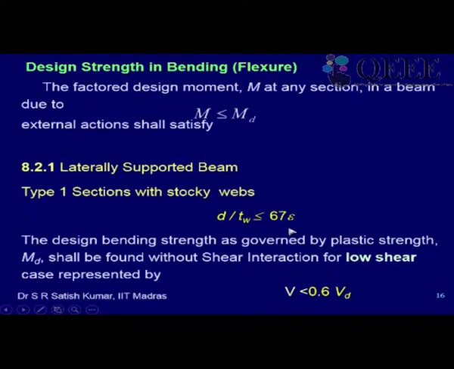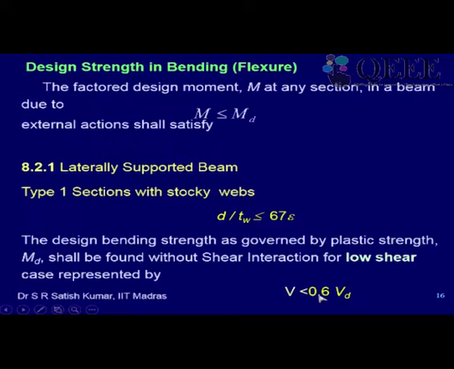We will see that later, but basically we have to make sure that the web is not susceptible to local shear buckling, and also that the shear is low at the cross section, less than 60% of the full shear capacity of the section.